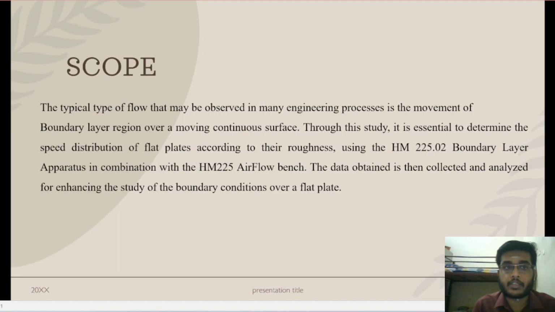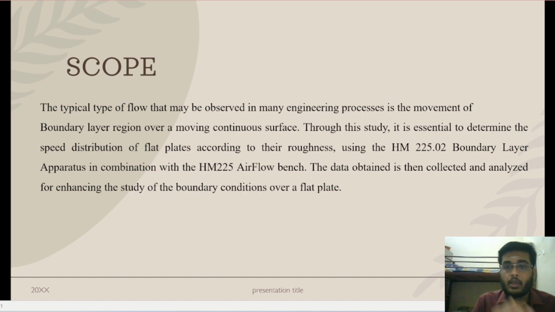So, the scope of our experiment. The typical type of flow that may be observed in many engineering processes is the movement of the boundary layer. Hence, through this study, it is essential to determine the speed distribution of flat plates according to their roughness. So in this experiment, we are determining the speed distribution according to the surface roughness of the flat plate.